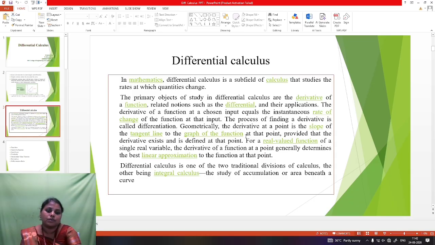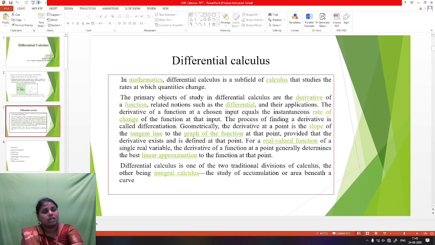For a real valued function of a single real variable, the derivative of the function at a point generally determines the best linear approximation to the function at that point. Last, differential calculus is one of the two traditional divisions of calculus, the other being integral calculus, the study of accumulation or the area beneath a curve.